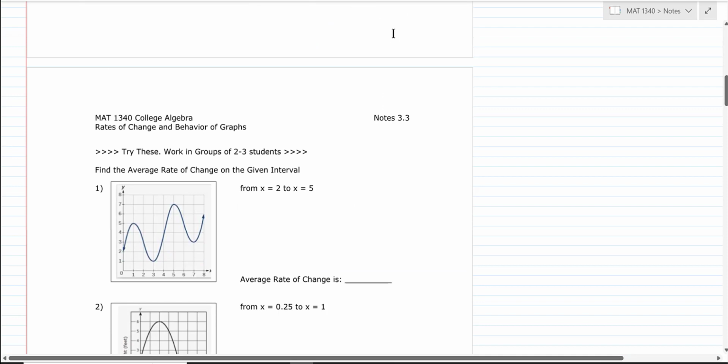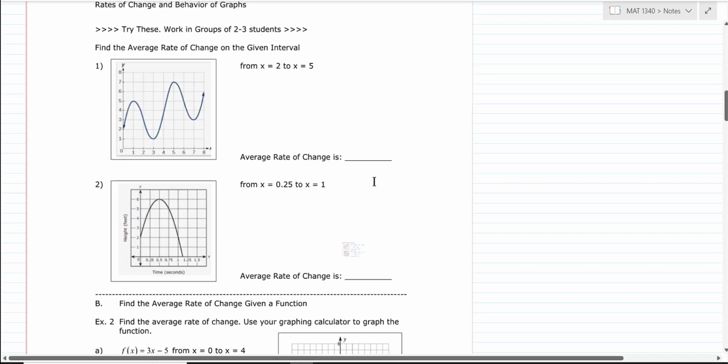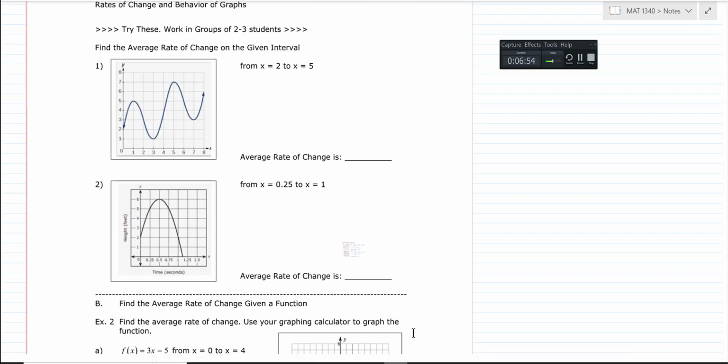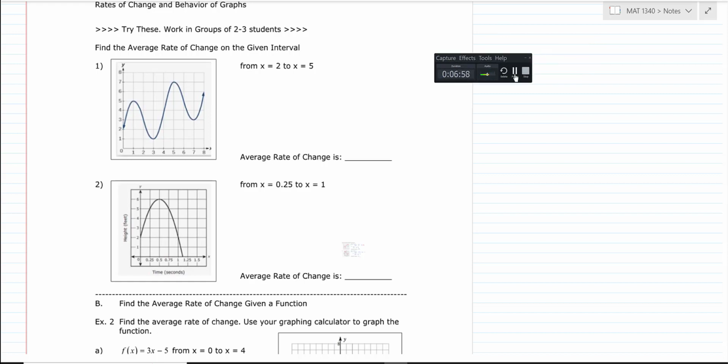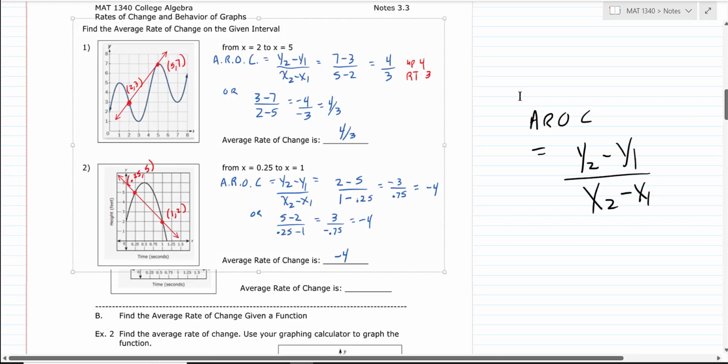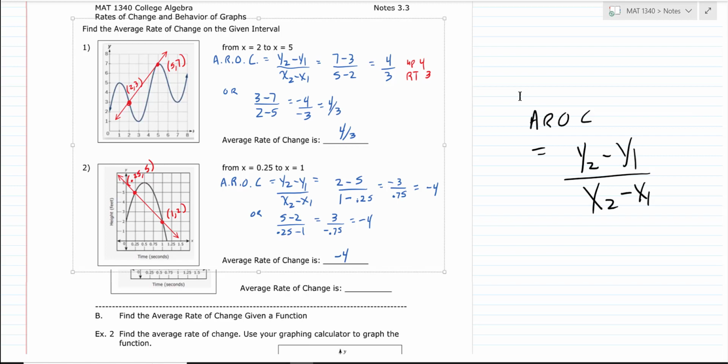Go to the next page and just kind of compare your answers on these, if you will, and try them yourself. But if you want to put the answers up here, it looks like when I was checking papers, 4/3, I think as long as you got the points right, you were okay. So your points were 2, 3, and 5, 7. Most of you did 7 minus 3 over 5 minus 2.